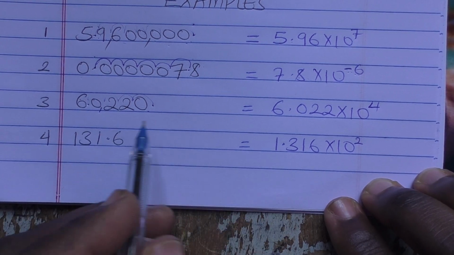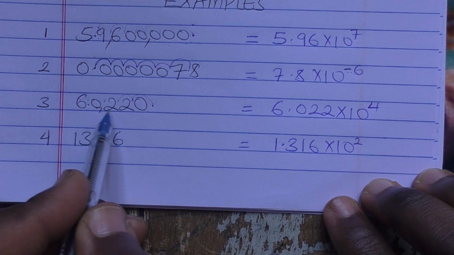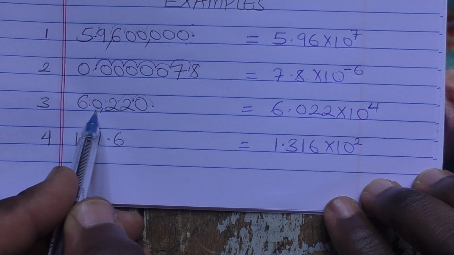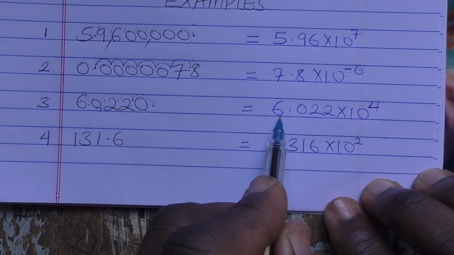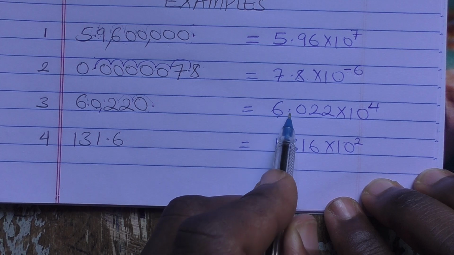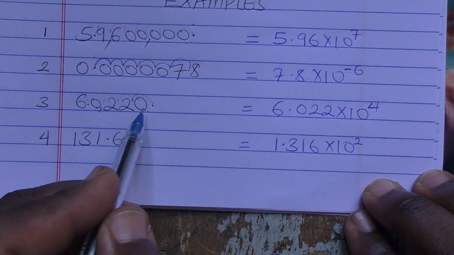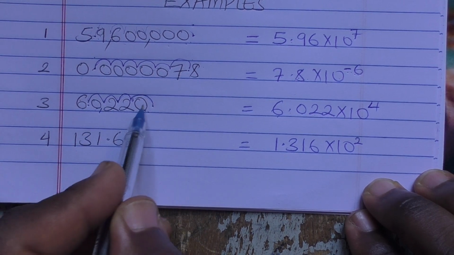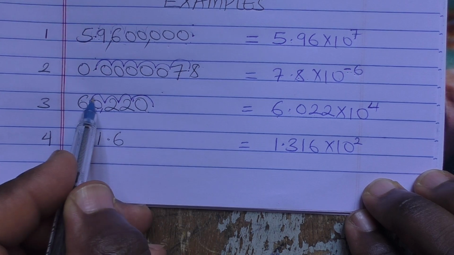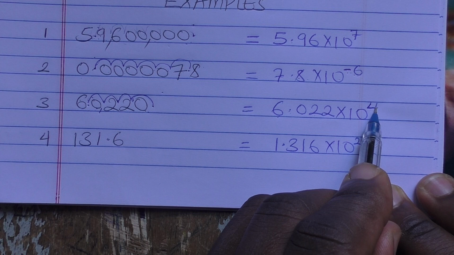Since this 0 is embedded between the non-zero digits, we shall keep it, but we shall drop the last 0. So we get our answer as 6.022 times 10 power 4, because we have moved 4 steps. And since we are moving from right to left, our power is positive.